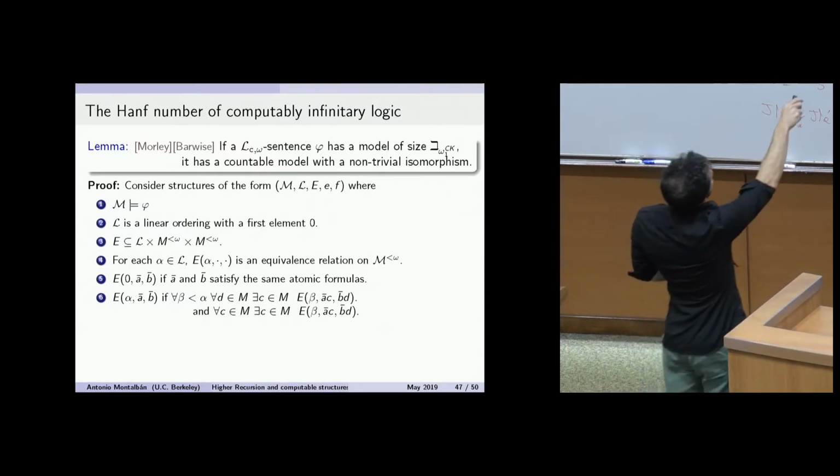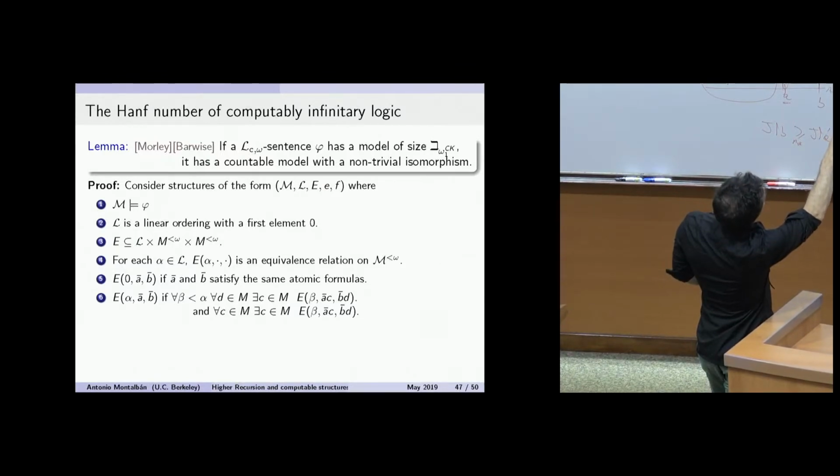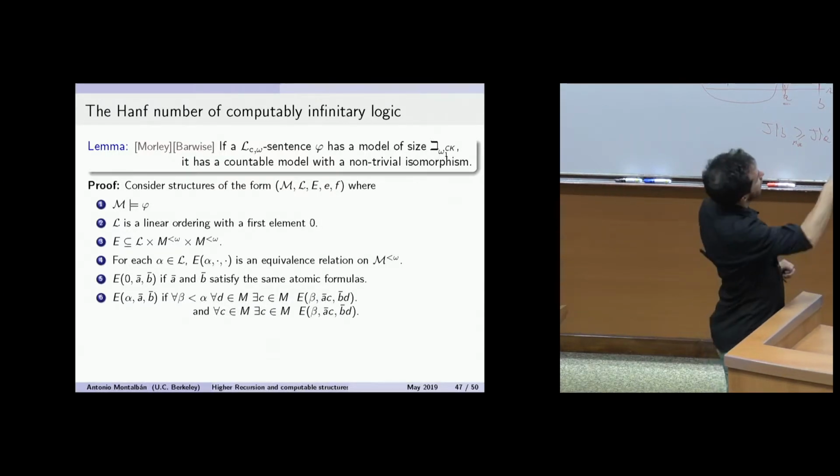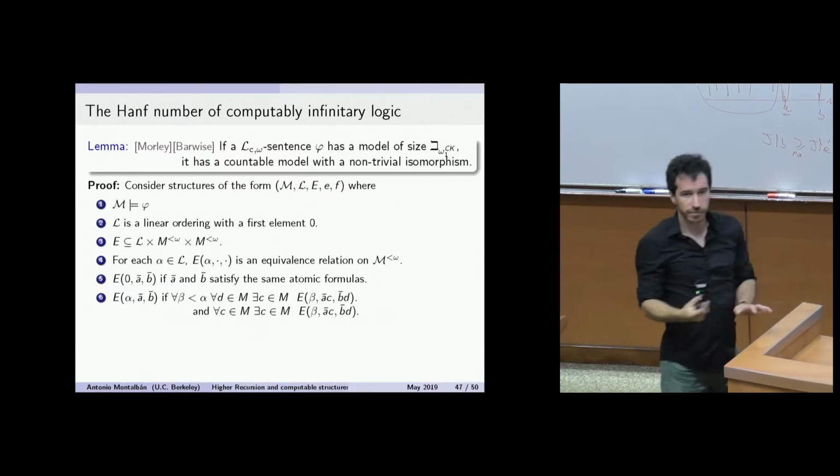The alpha equivalence relation holds, I should have put if and only if, for every beta below alpha, for every D that extends B, there exists a C such that you have the equivalence relation, and vice versa. For every C, there is a D such that you have the equivalence relation.